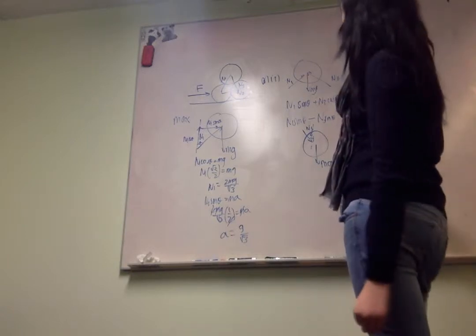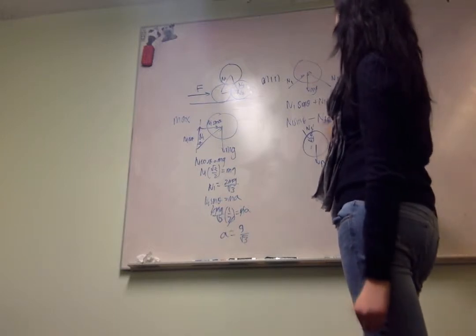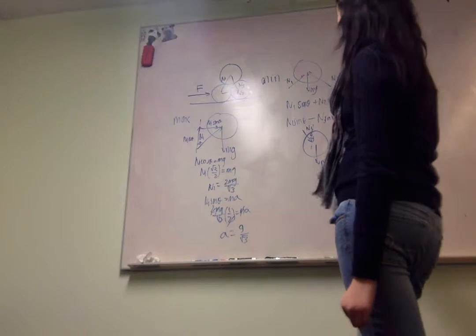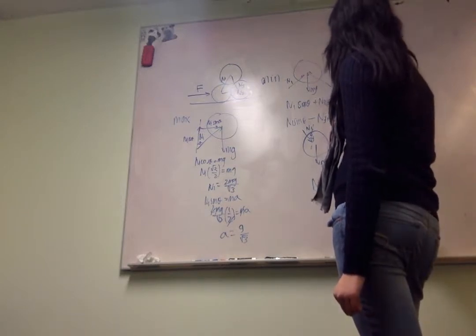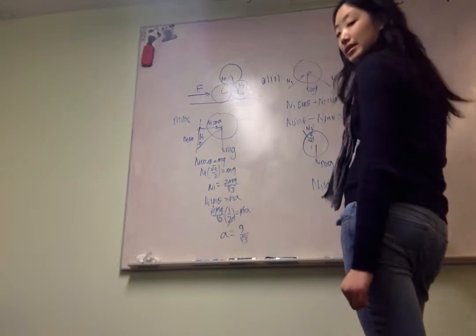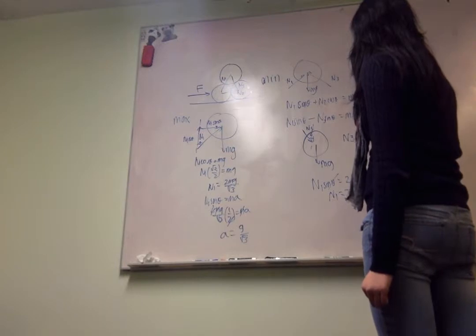So now I'm going to plug this back into this equation. So we have N3 sine theta equals ma, and we also have N1 sine theta minus N3 sine theta equals ma here. So I'm just going to do N1 sine theta equals 2 N3 sine theta. Sine thetas cancel out, so we get N1 equals 2 N3.